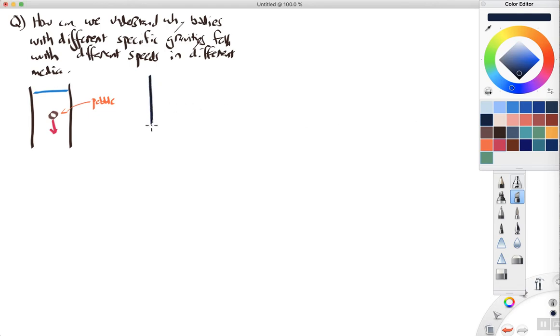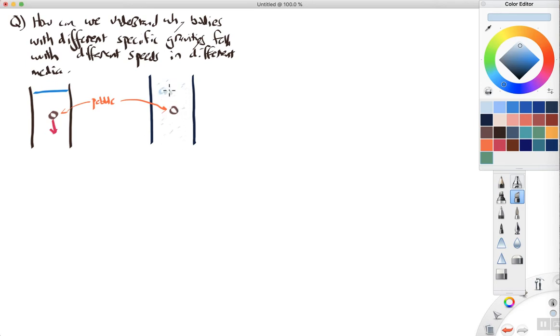the same pebble in another column, but this column, instead of being filled with water, is just filled with air. So again, we've got the same thing here. We've got the same pebble, but this column is filled with air. So I'm going to put some dots here representing the fact that this is air.